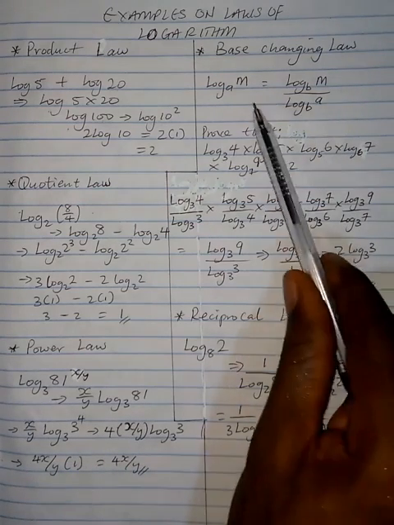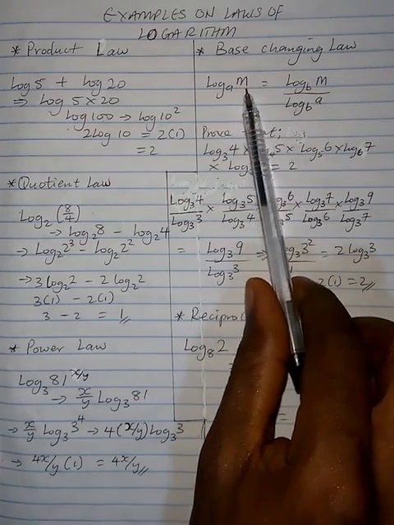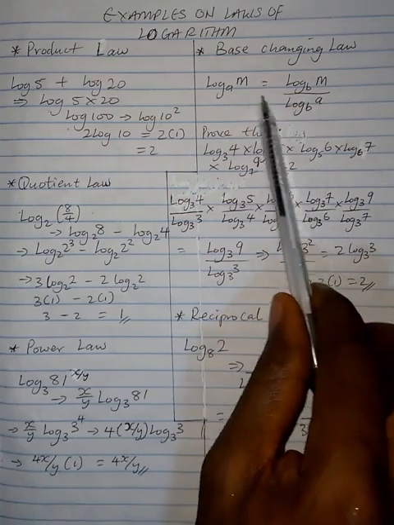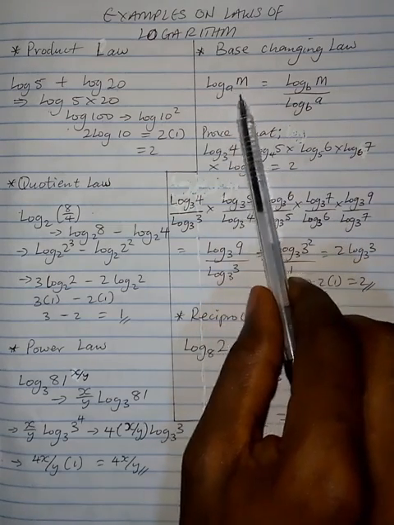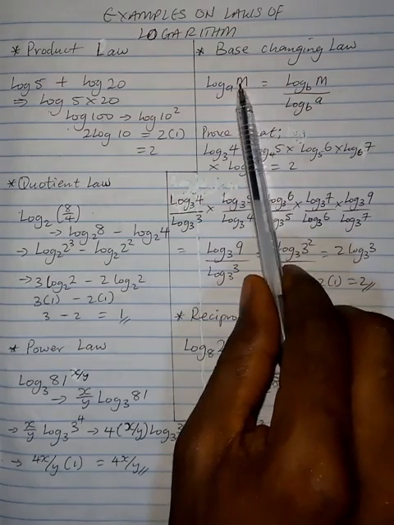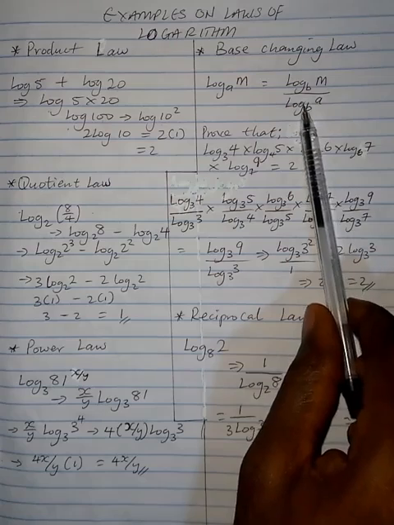Now, this other one says, under base changing law, this is the law that we stated there, that in some cases, you won't be able to solve it out just directly. There's no way you can raise a to any power to give you this m. So in that case, we have to apply this base changing law.